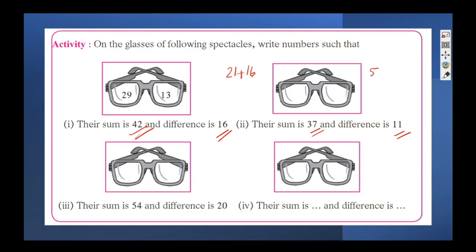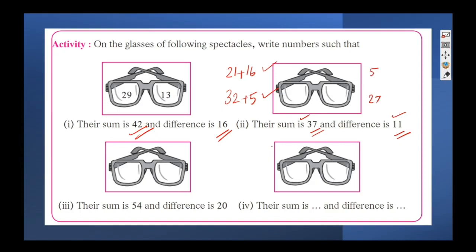If I increase 16 or 21 in such a way that the difference should become maximum, right? If I write 32 plus 5 is equal to 37, correct. But the difference between 32 and 5 is equal to 27, which is different. But the difference I need is only 11. So this is also not right. So I have to do a lot of trial and error here.